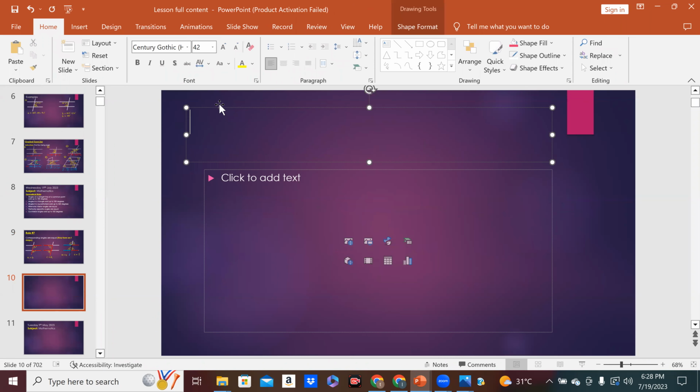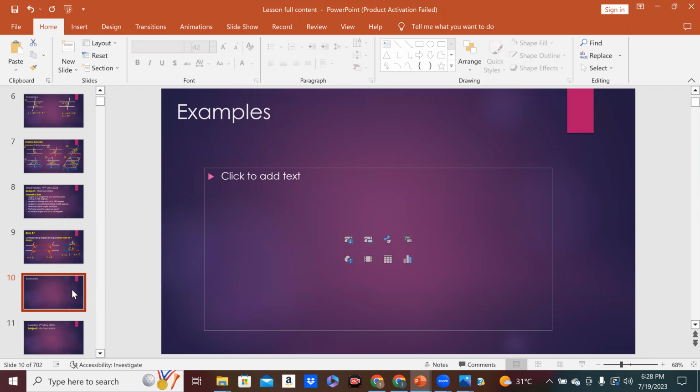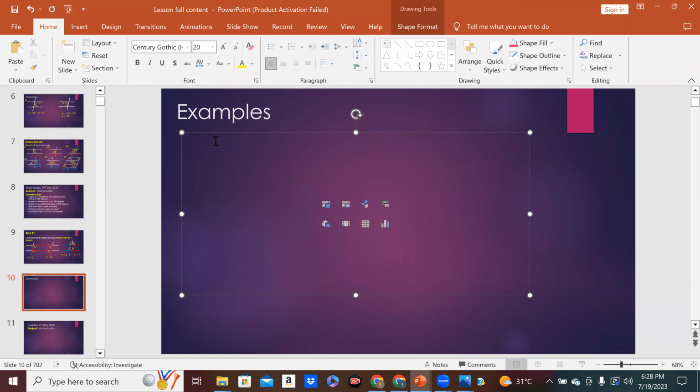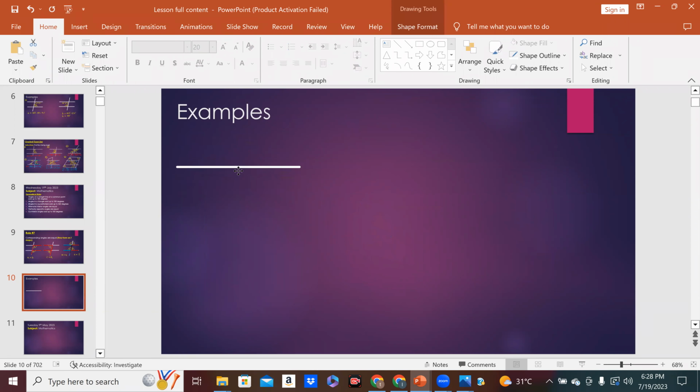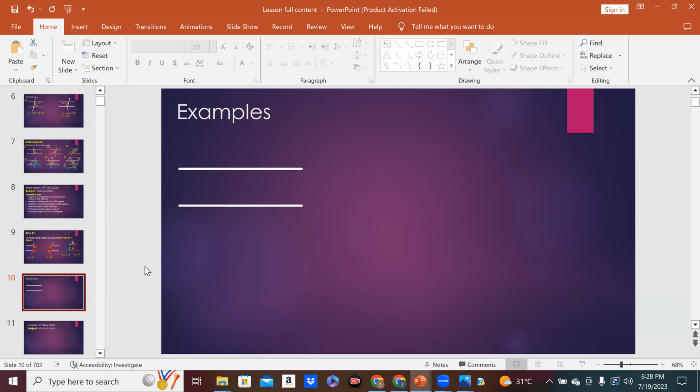So, examples. For this one, we want to find the missing angles. Let's say that we have this one, and we also have this one, and we have this one coming down, the transversal coming down like so.